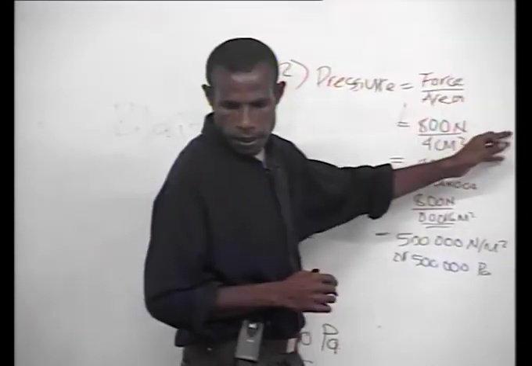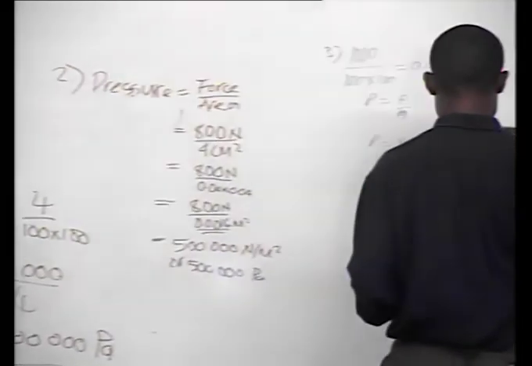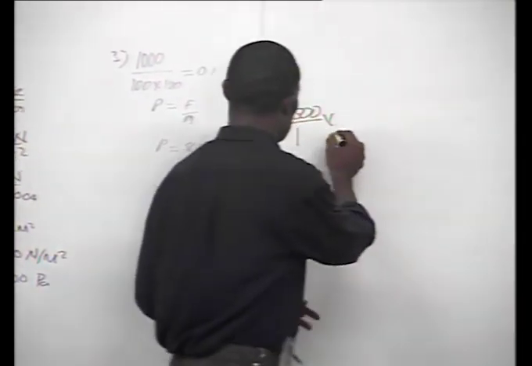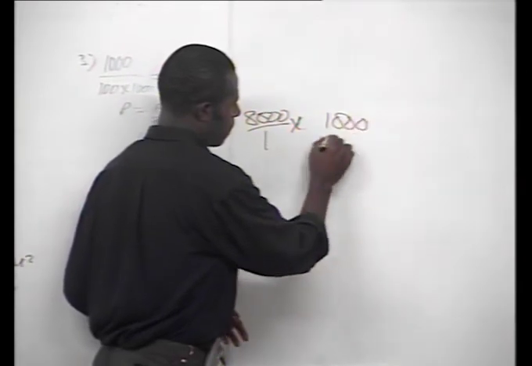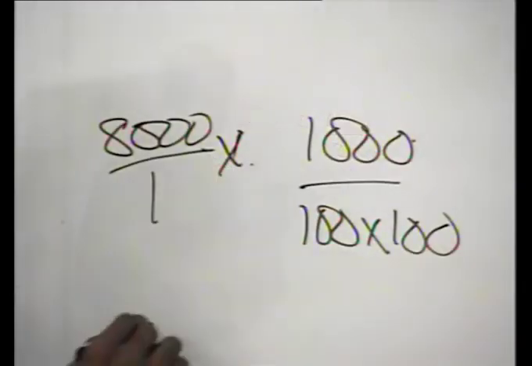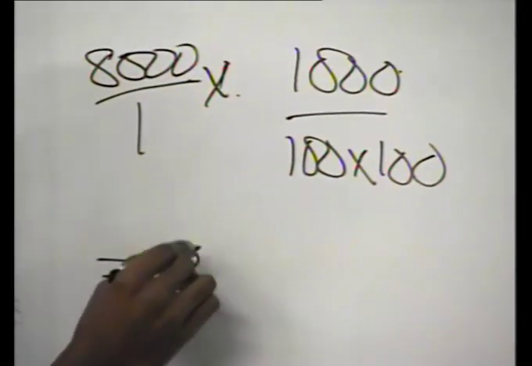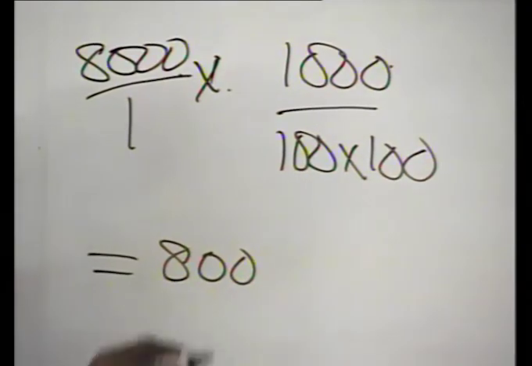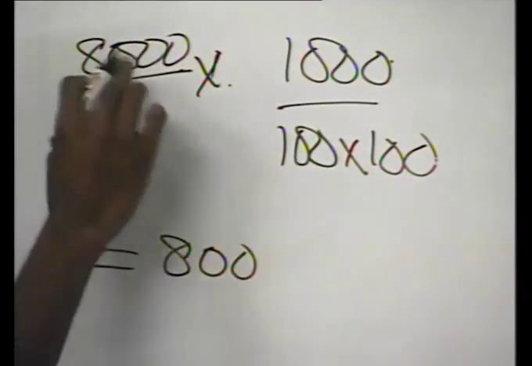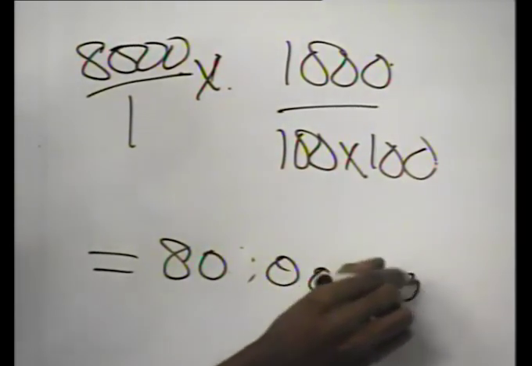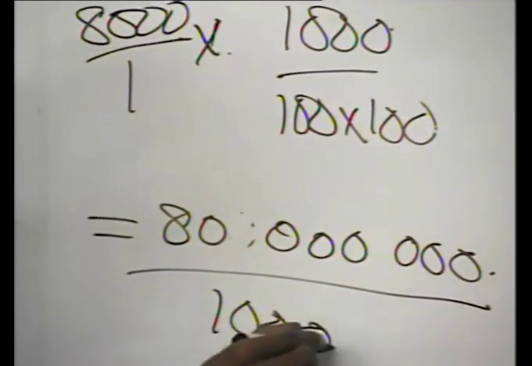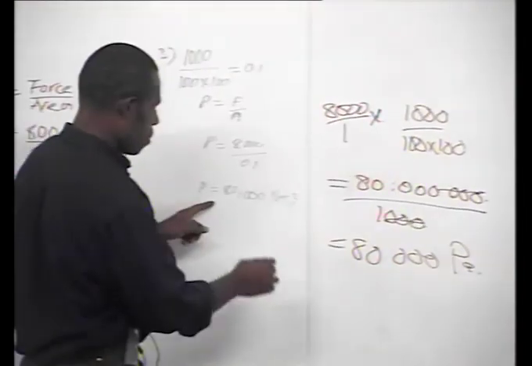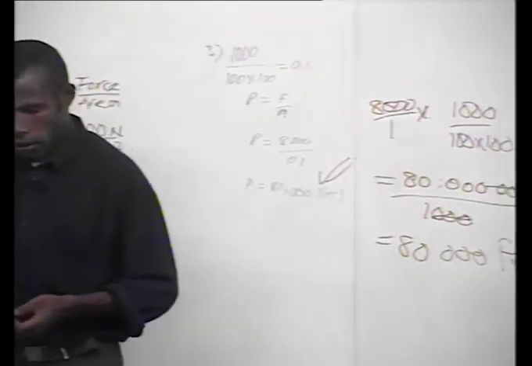Okay, the pressure is times one, two, three, four, five, six, seven. Okay, that one is correct.